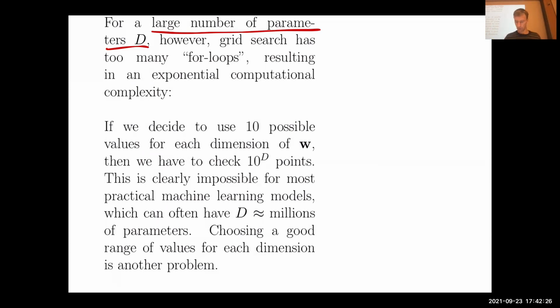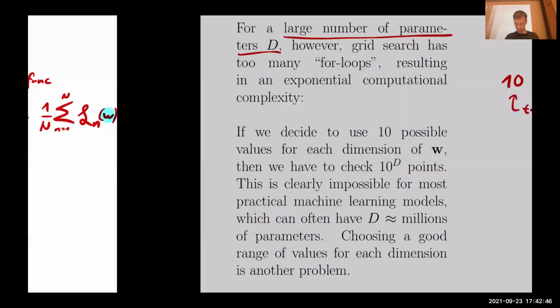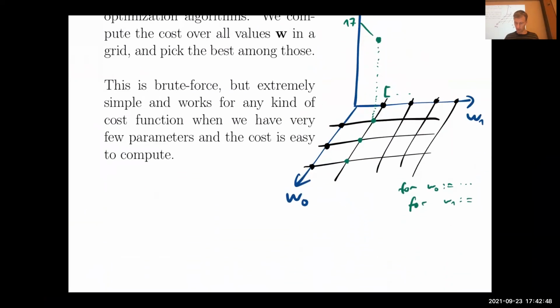So let's say we looked at the function and said that maybe 10 is enough, and I found boundaries left and right such that 10 is enough. That's fine. So everything will be 10 grid points per dimension.